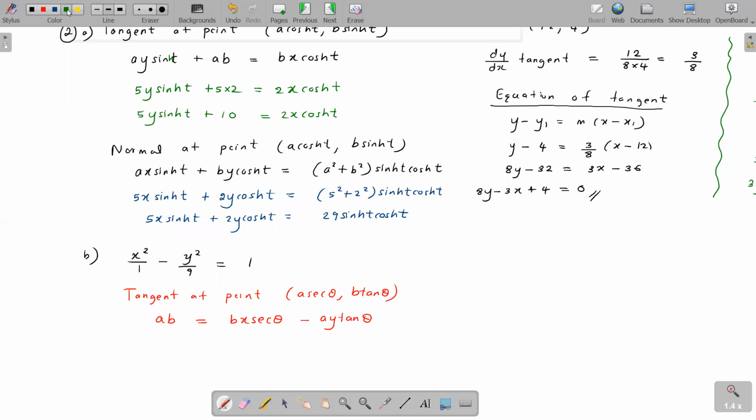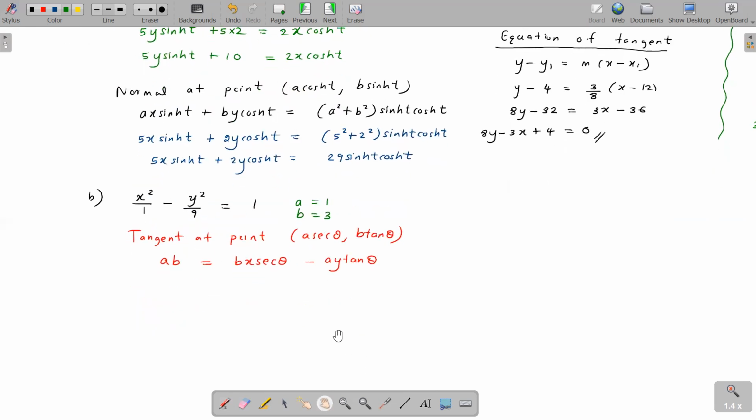So input the AB values. Your A value was 1, B value was 3, right? So input it. AB is 1 into 3, B is 3x sec theta minus 1y tan theta.